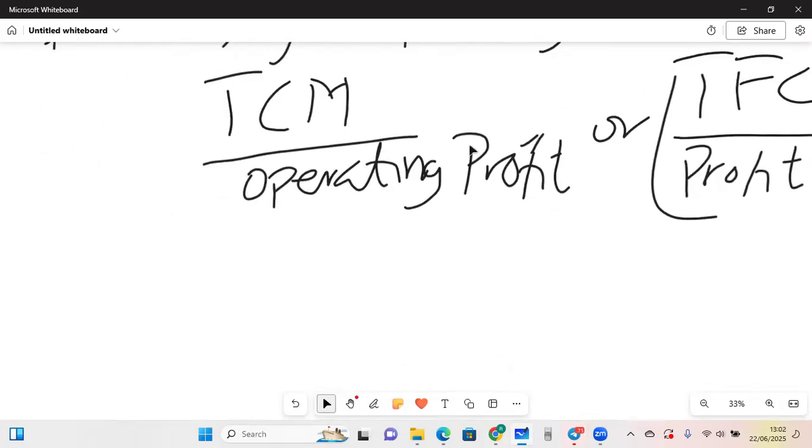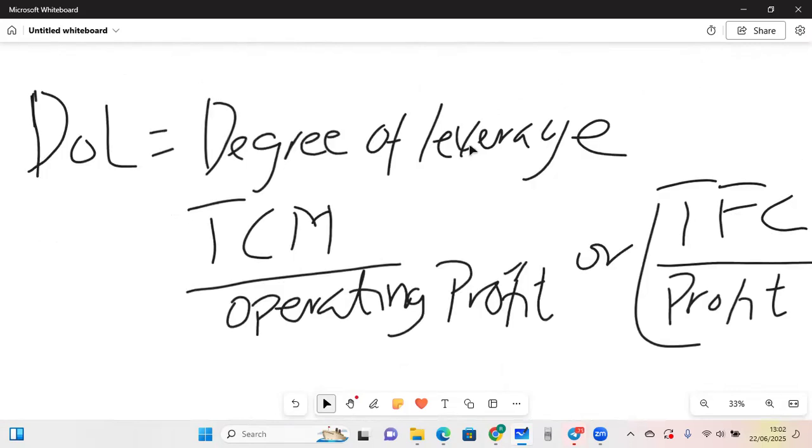So basically, as I said earlier, the degree of leveraging is just trying to tell you how much fixed cost is in the organization. If the fixed costs are too high, the organization is more risky as compared to one that has a lesser fixed cost, right?